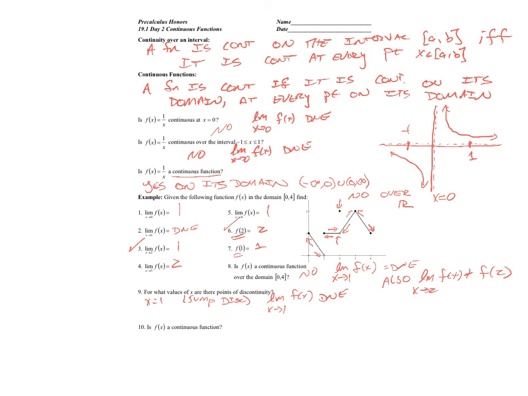And another place is x equals 2. In this case, we actually call that a point or removable discontinuity. And that is to say, the problem is that the limit as x tends to 2 of the function does not equal f of 2. So not continuous there.